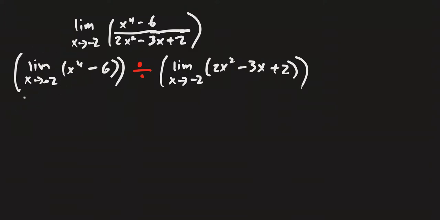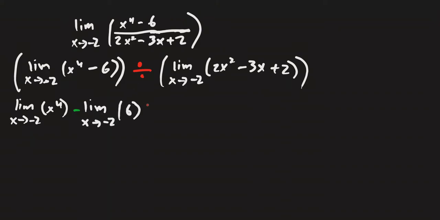We're going to be using here the difference rule, or the difference law. This is just going to become the limit as x approaches negative 2 of x to the fourth power minus the limit as x approaches negative 2 of 6, and then all of this divided by the limit as x approaches negative 2 of 2x squared.